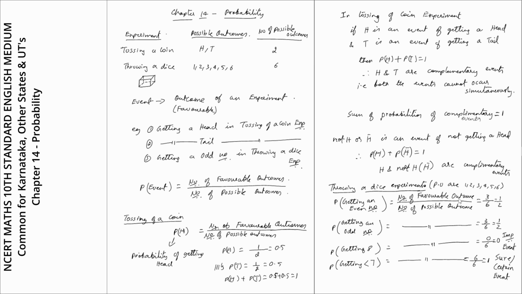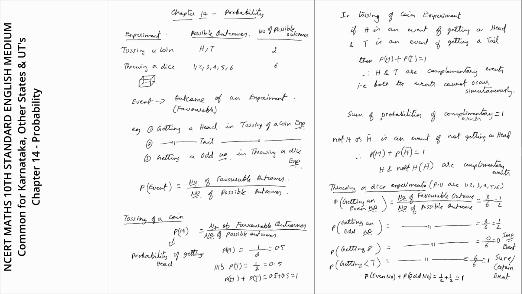And the number of favorable outcomes? Whenever you throw a dice, you get the outcomes 1, 2, 3, 4, 5 and 6, and all of these are less than 7. Therefore totally there are 6 outcomes which are less than 7. So 6 by 6 gives 1. Whenever the probability of an event is equal to 1, we say that the event is a sure event or a certain event.